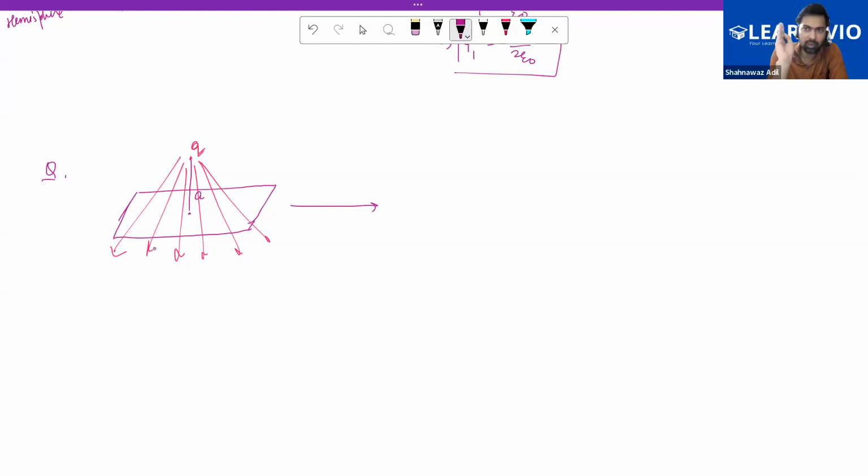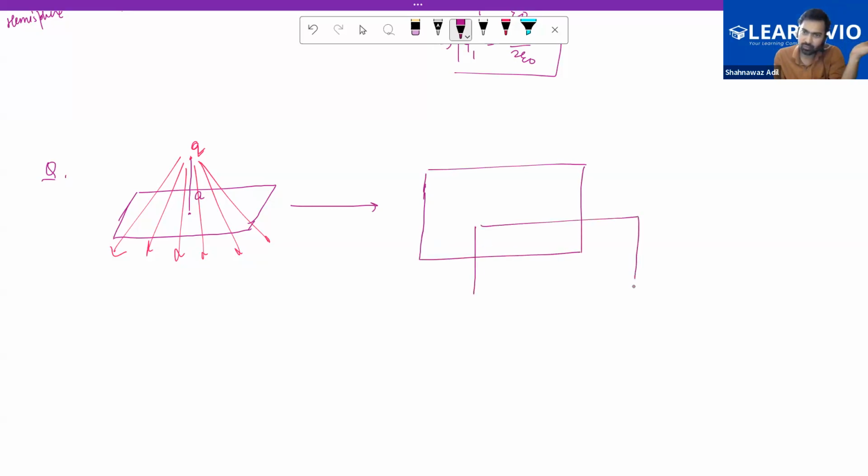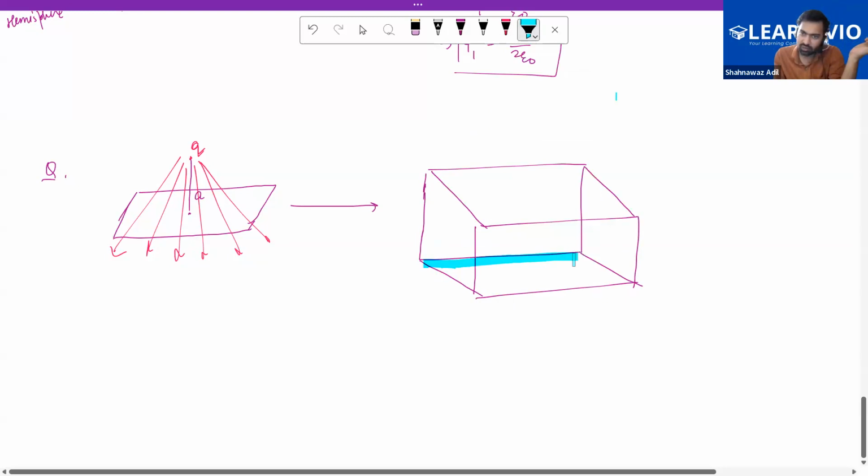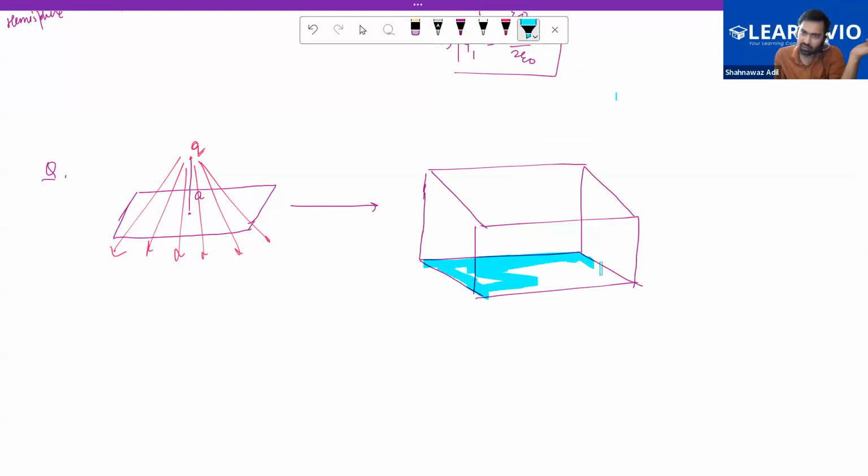Consider that open side as your sheet, and then you close it with the 5 other sides.